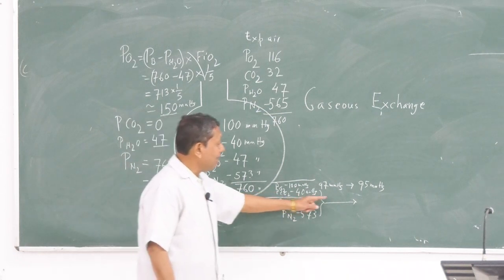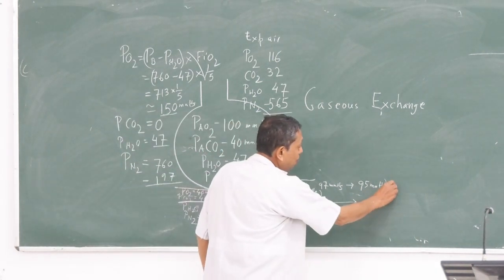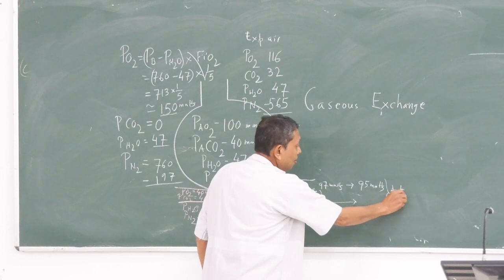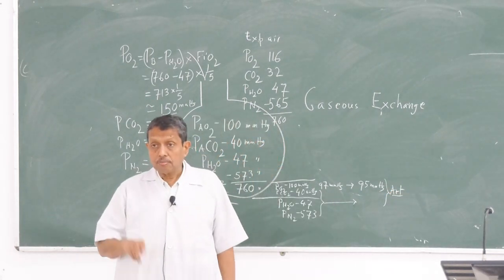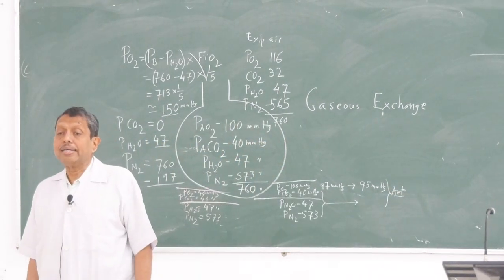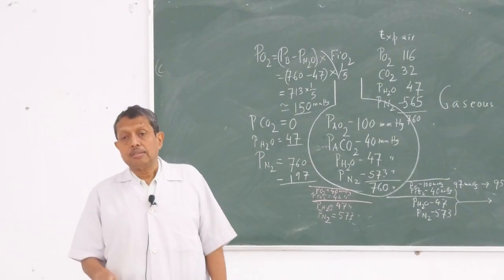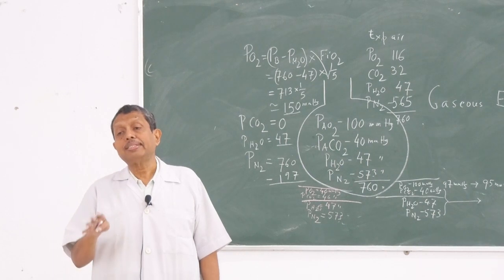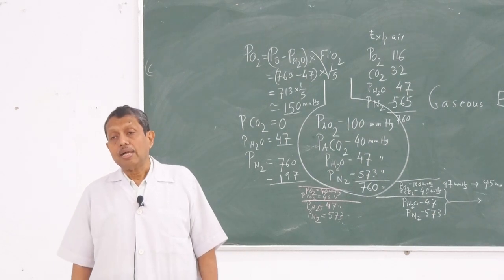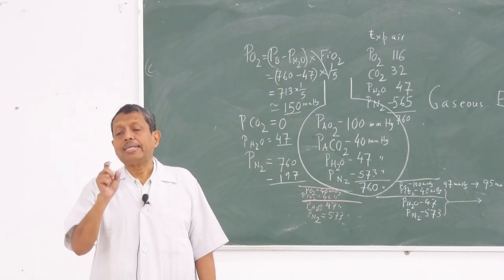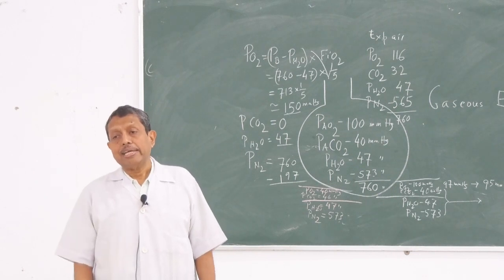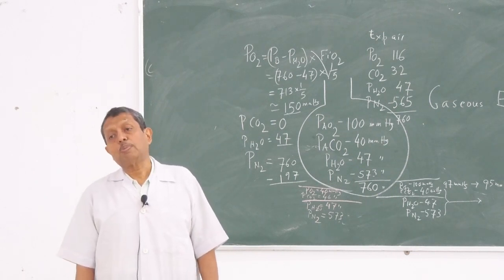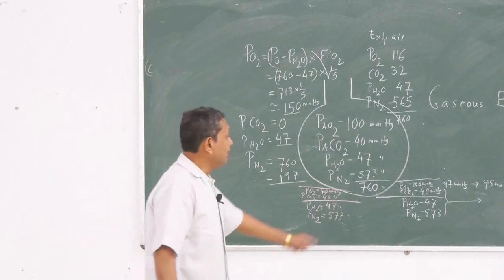And when this arterial blood is flowing and going into the tissue, to the veins, and when it goes to the veins, then ultimately we are taking the average value or the mixed venous blood, and it is the arterial sample.